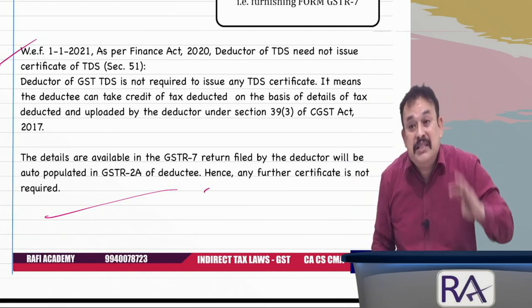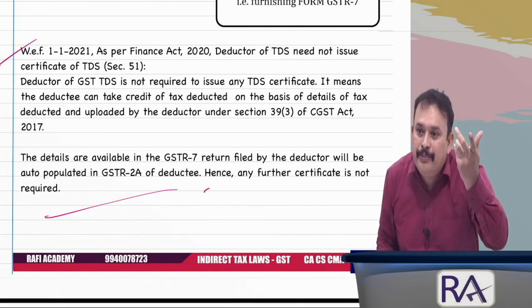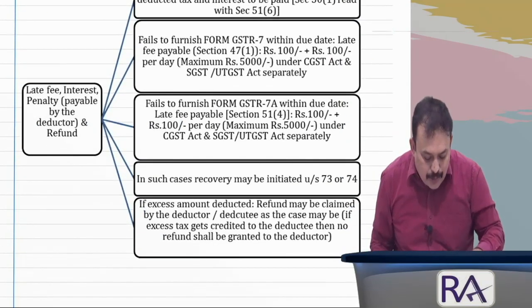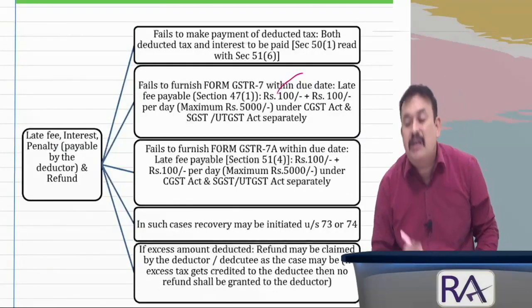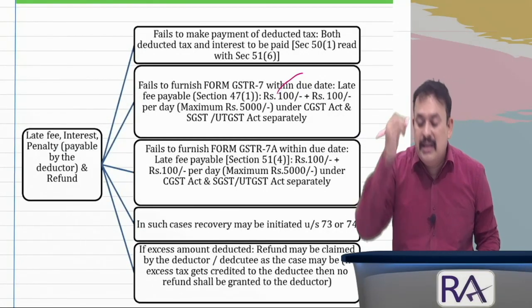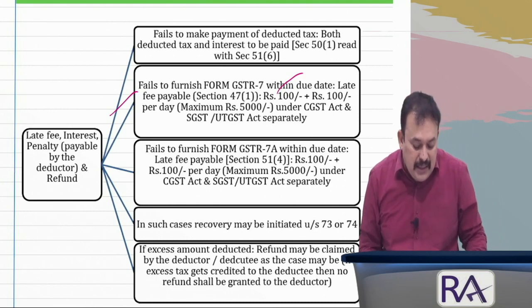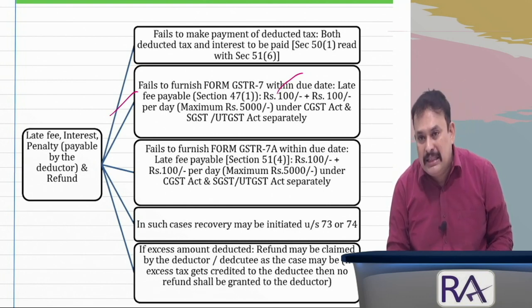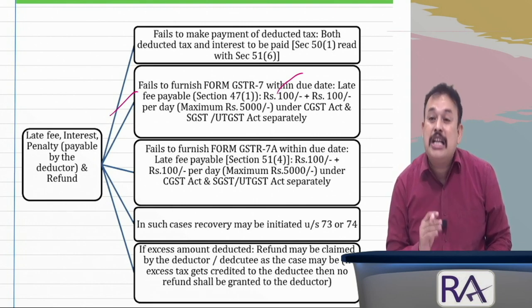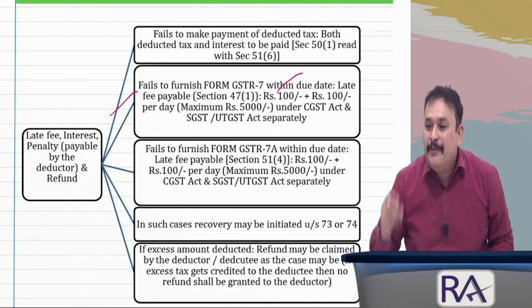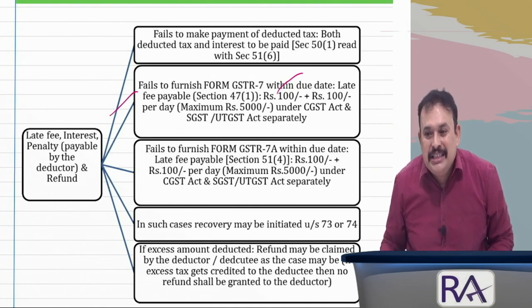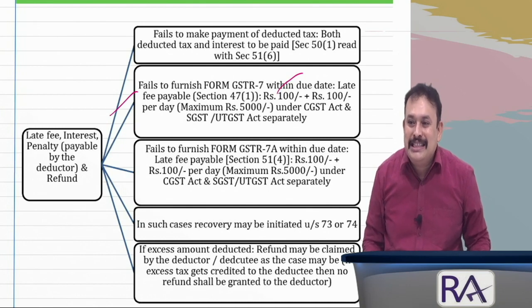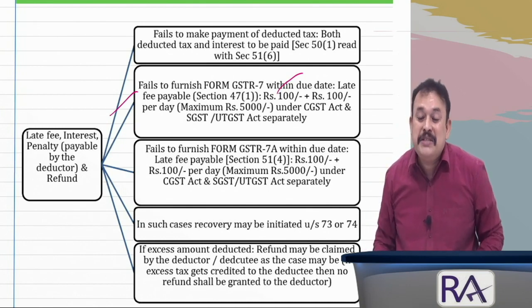Is it clear? If GSTR 7 is not filed in time, there is a penalty: rupees 100 per day of delay or rupees 5,000, whichever is less, as per the CGST Act, and the same amount as per the SGST Act. Effectively, rupees 200 per day of delay or rupees 10,000, whichever is less.